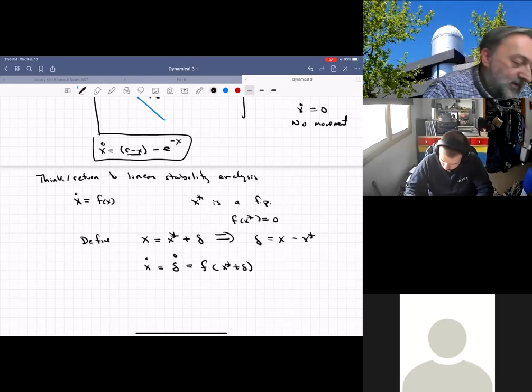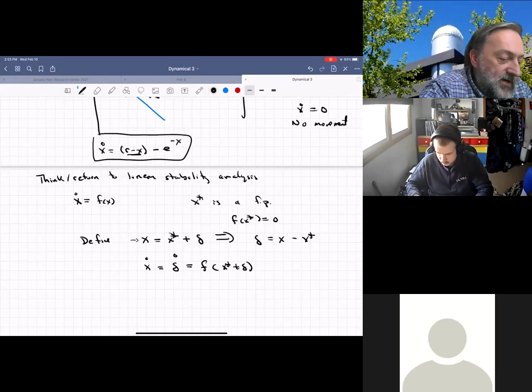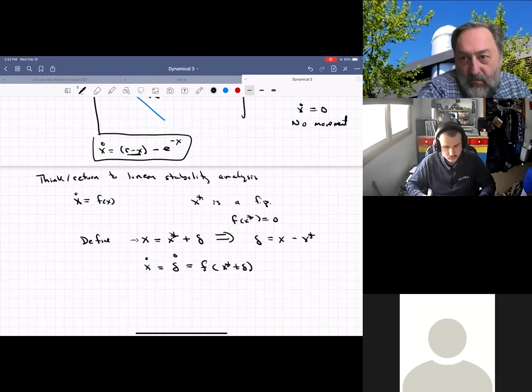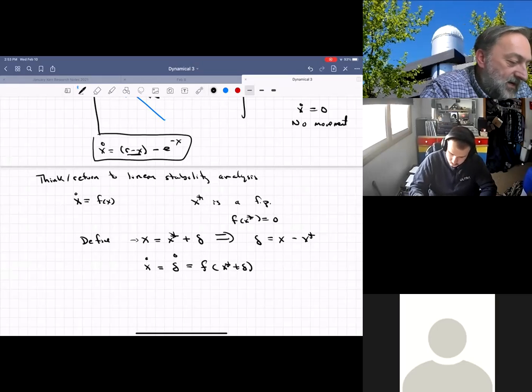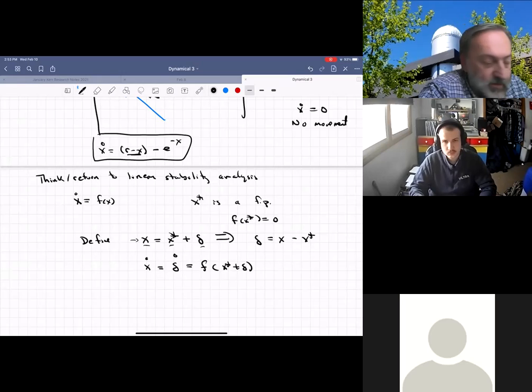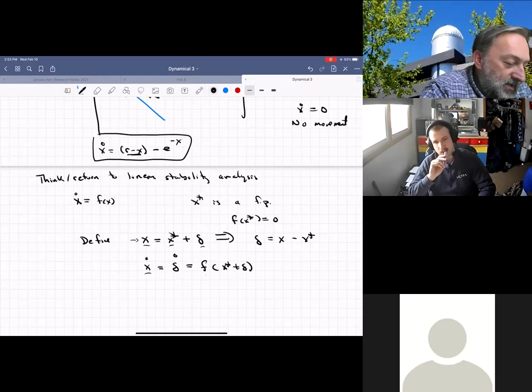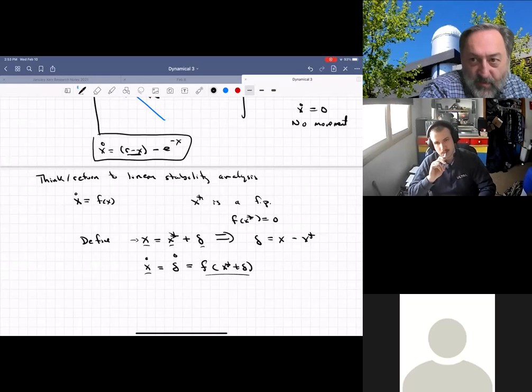So if X is X star plus delta, I'm basically going to define delta as the distance from the fixed point. Then X dot is equal to delta dot because X star is a constant. And X dot is equal to F of X, but F of X is now F of X star plus delta.